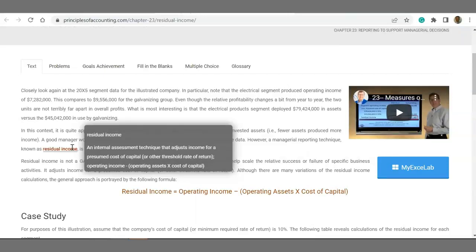What is cost of capital? Cost of capital is a cost that happens to any business when they raise capital to start and run and continue their business. There are two ways to raise capital for a business.